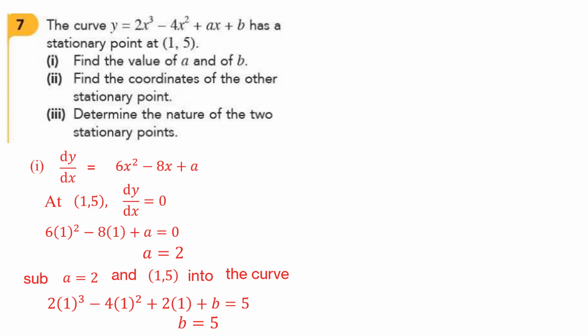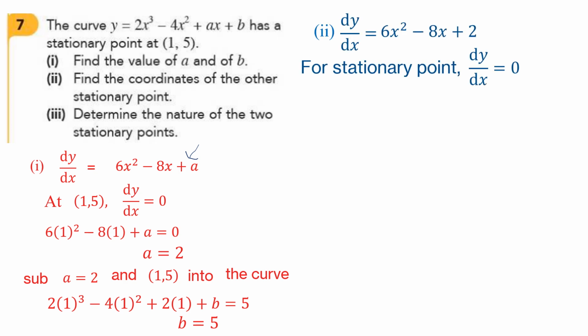And to find a stationary point, you just basically let dy/dx equal to 0. So after finding the value of a, which is 2, you can just happily substitute inside here and then let your dy/dx equal to 0. And then you can factorize 2 out first, or divide by 2 throughout, and then factorize your 3x squared minus 4x plus 1.